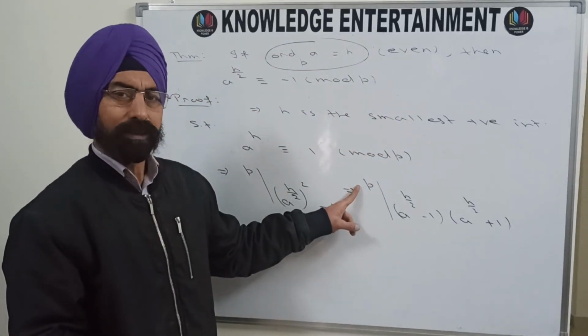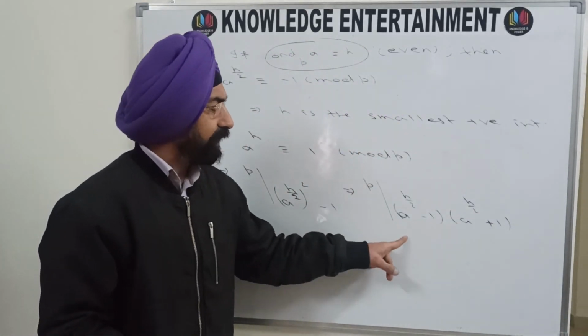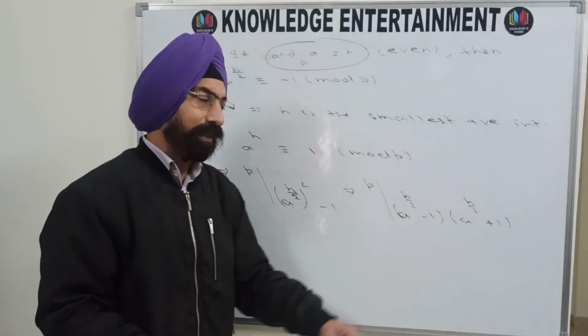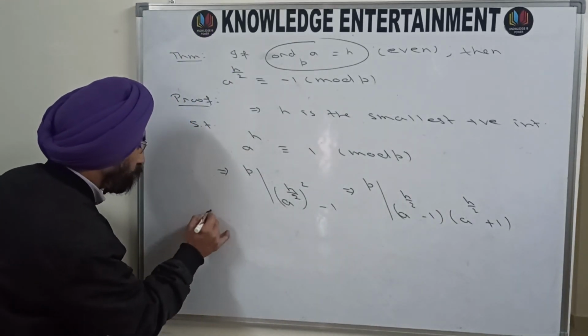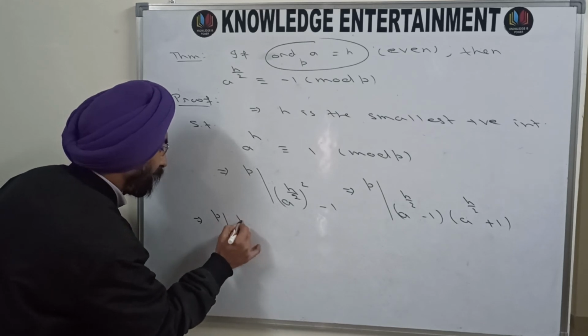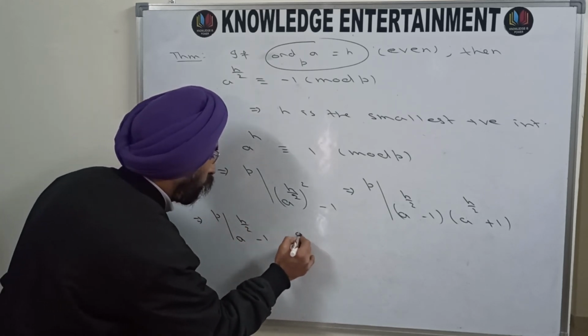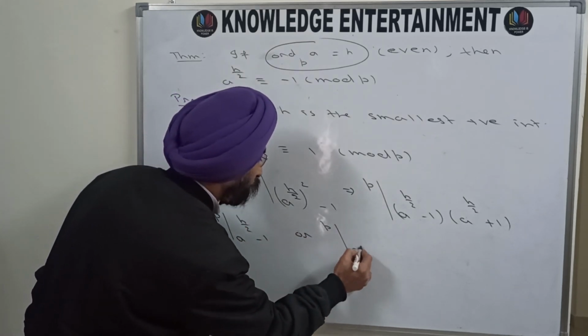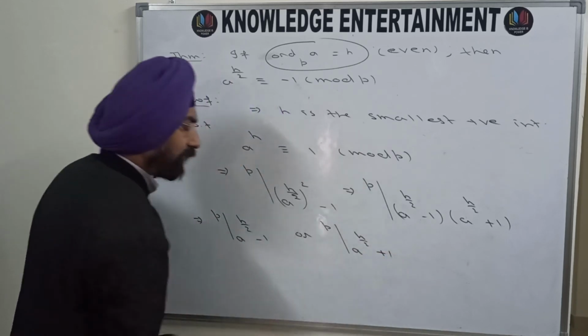Since P is prime, if a prime P divides AB, then either P divides A or P divides B. This means P divides A^(h/2) minus 1 or P divides A^(h/2) plus 1.